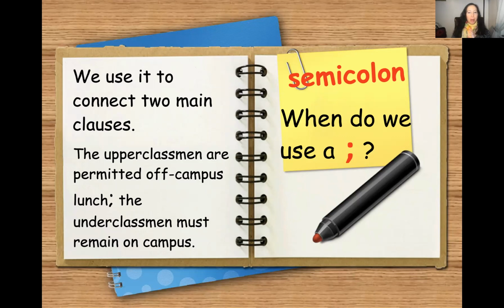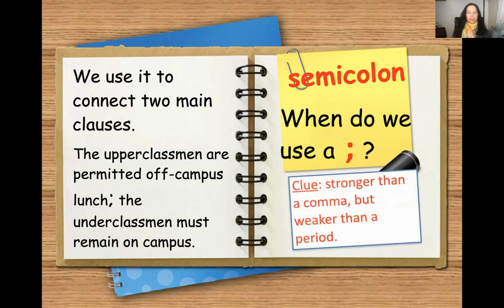Bonus question, put in the comments, give me another example of how you would use a semicolon using 2 main clauses and connecting them. Clue. The semicolon is stronger than a comma, but weaker than a period.